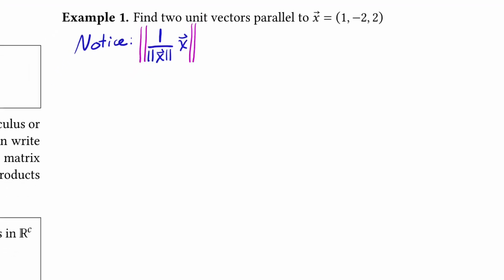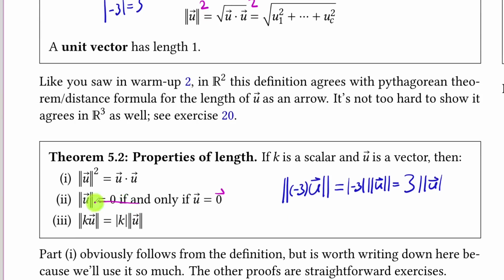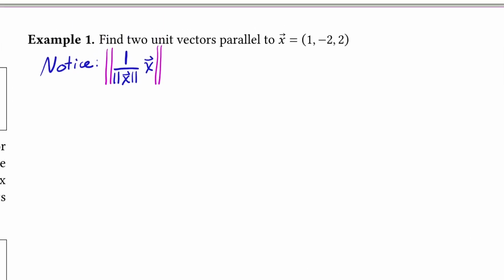We can use property 3 from 5.2, where k is 1 over the length of x.